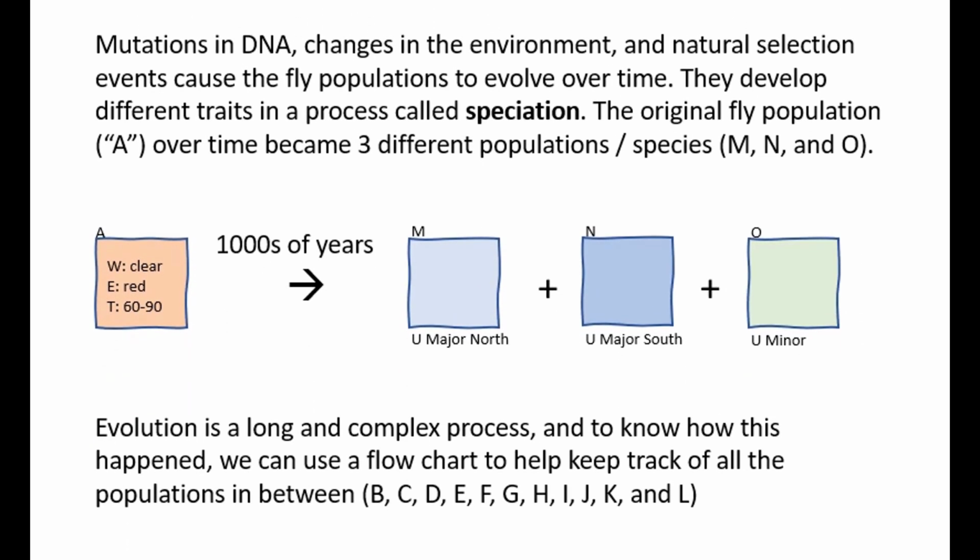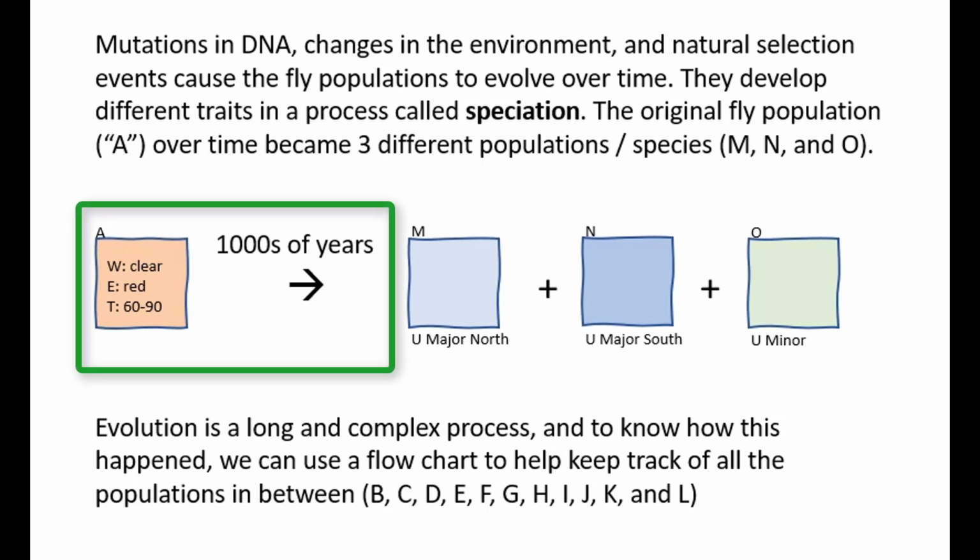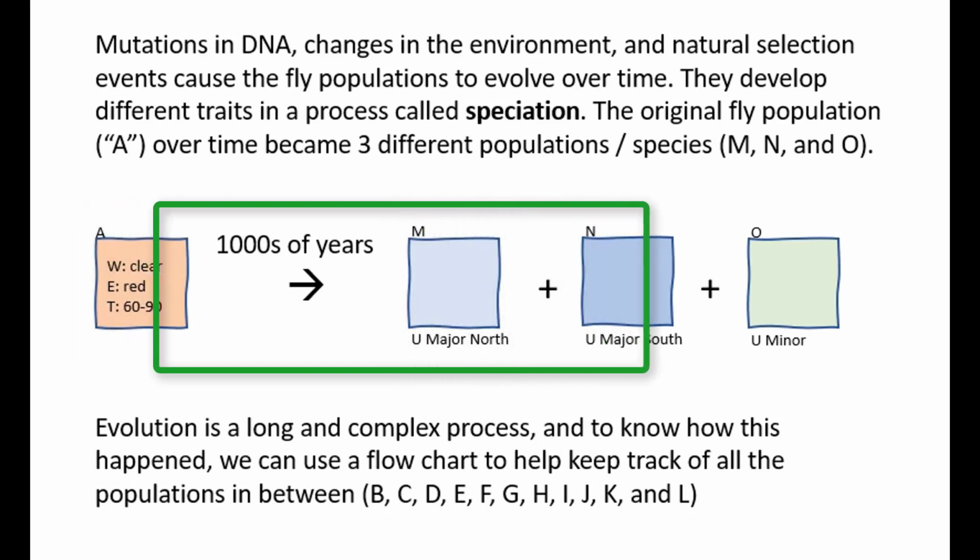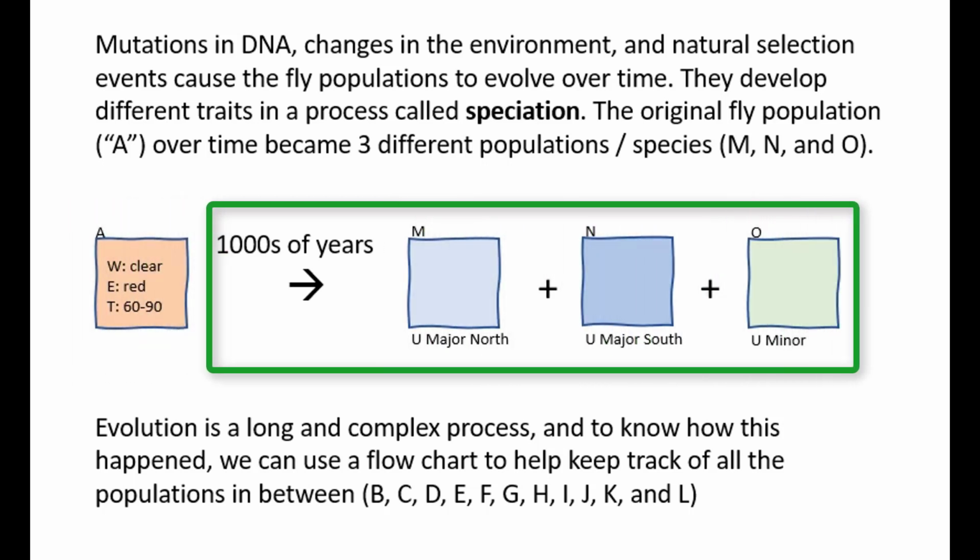Mutations in DNA, changes in the environment, and natural selection events cause the fly populations to evolve over time. They develop different traits in a process called speciation. The original fly population, A, over time became three different populations or species, M, N, and O.